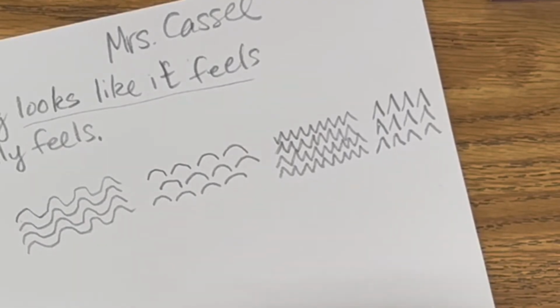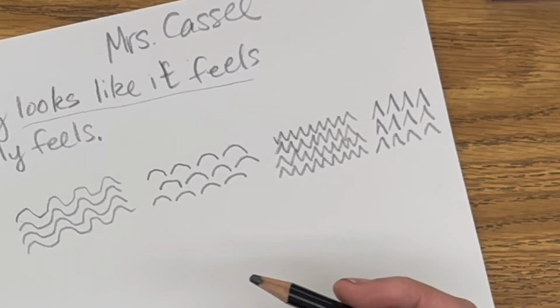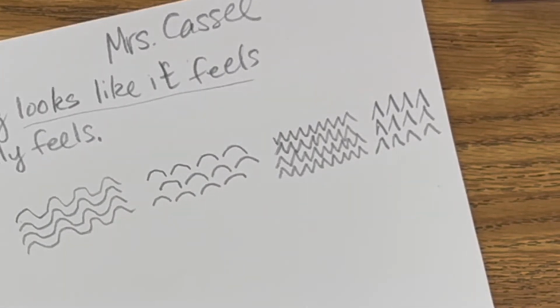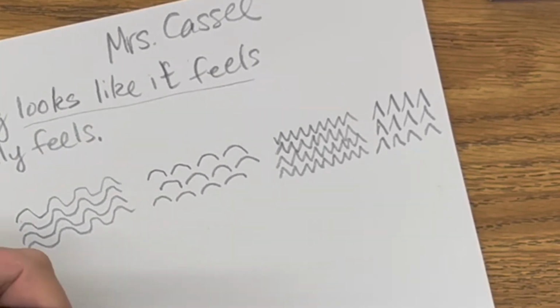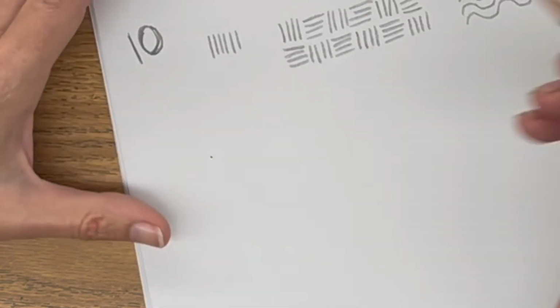There's no end to how we put things together to create different things that look textural. It doesn't have to look like anything real. It can just be a bunch of lines together.